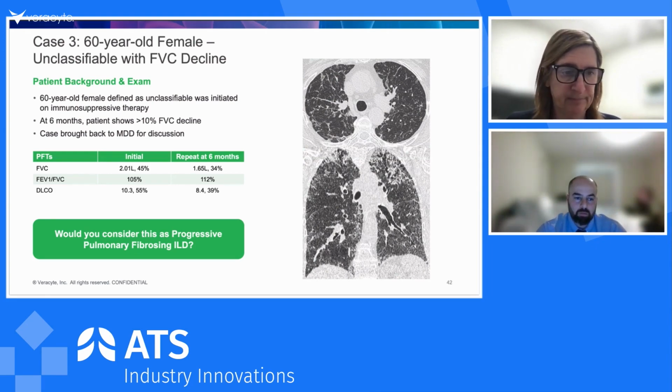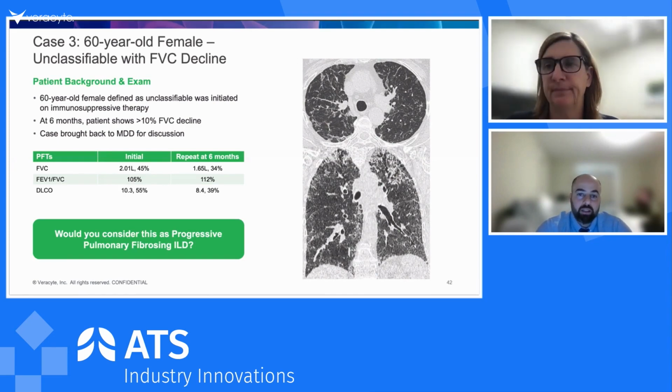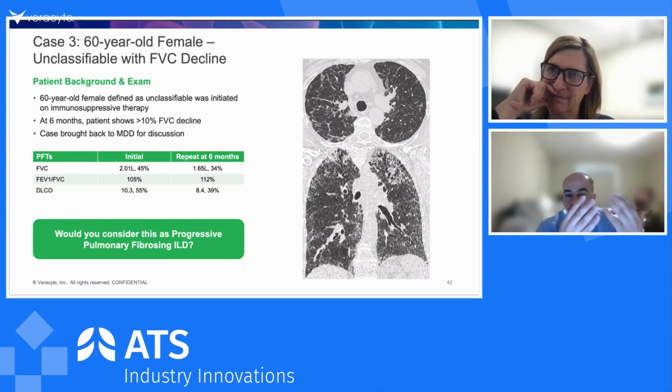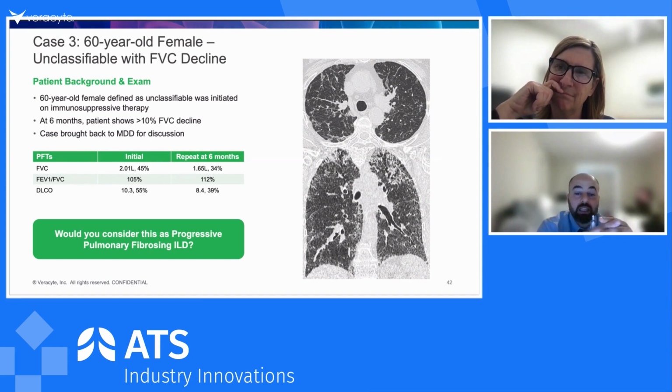Okay. Dr. Kheir, any comments on either her horrific CAT scan or her decline? Right. So she was on immunosuppressants, and she did not do well with immunosuppressants. So I think the best next step is to put her on an antifibrotic. If the patient had initially been on neither immunosuppressants nor antifibrotics, then probably Envisia or a UIP pattern might be helpful to inform our next step in the treatment of such a patient.